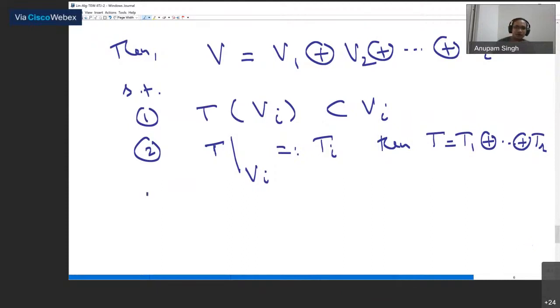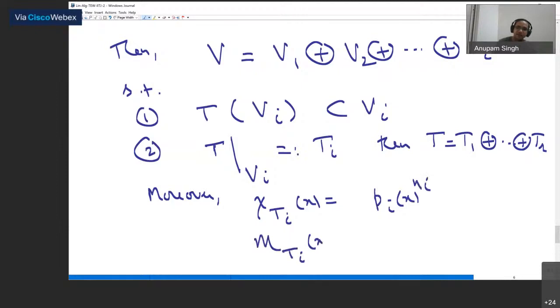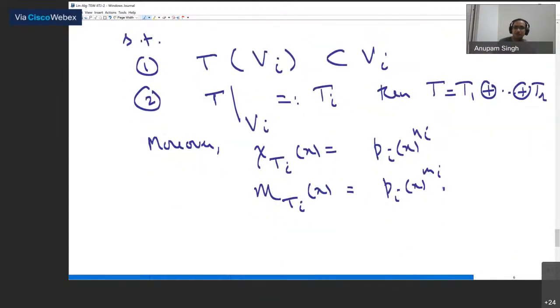And moreover, the characteristic polynomial of this Ti is exactly Pi(x) to the power ni, and the minimal polynomial of this Ti is exactly Pi(x) to the power mi. All right, is this clear?